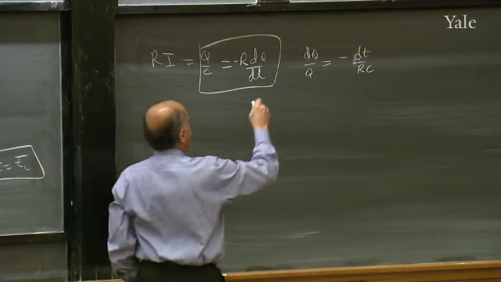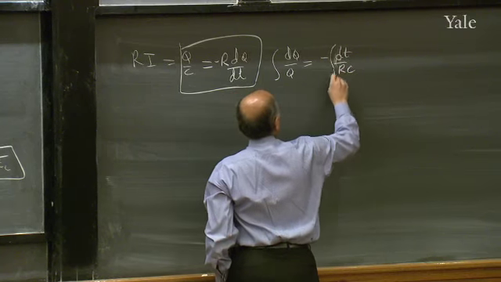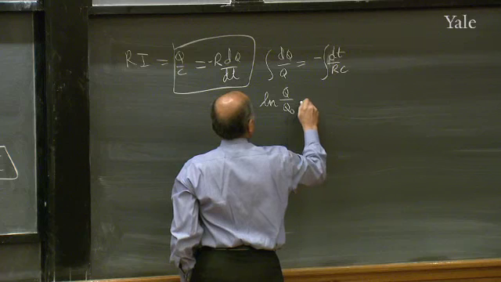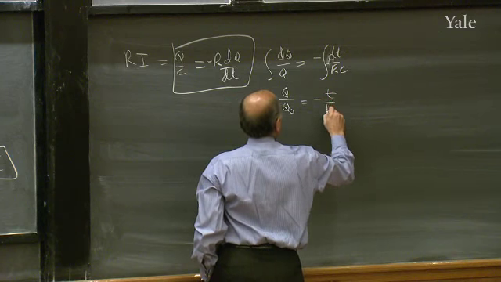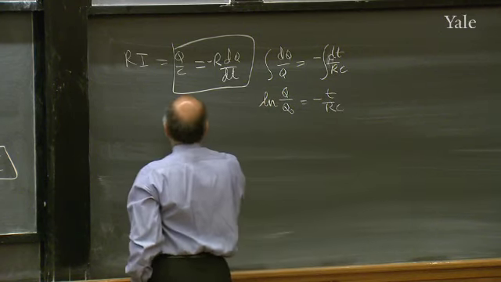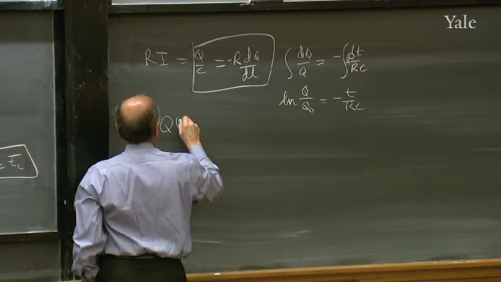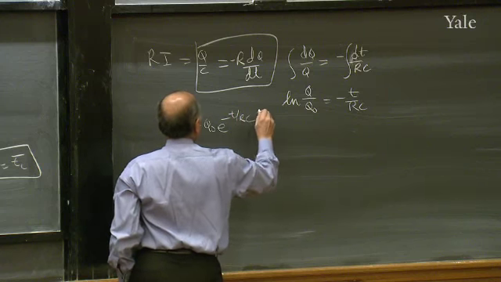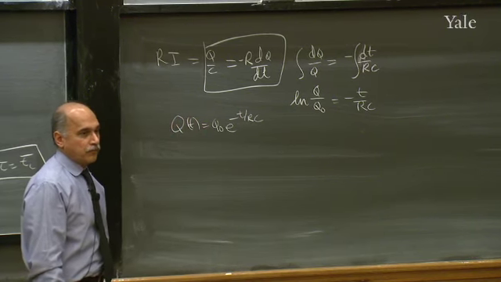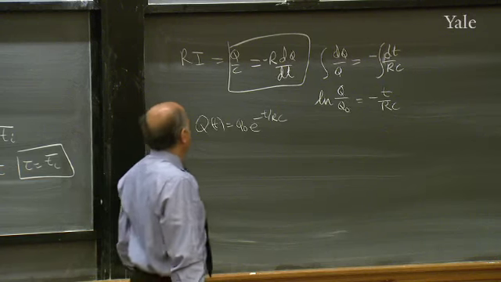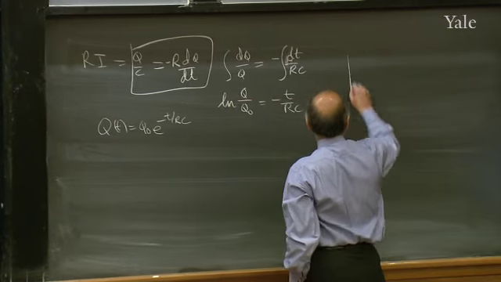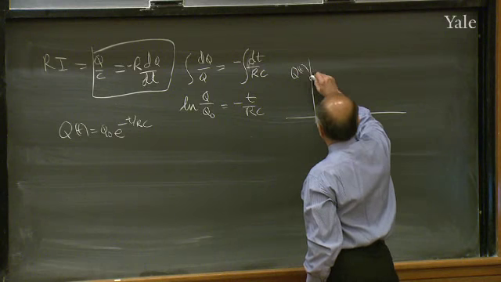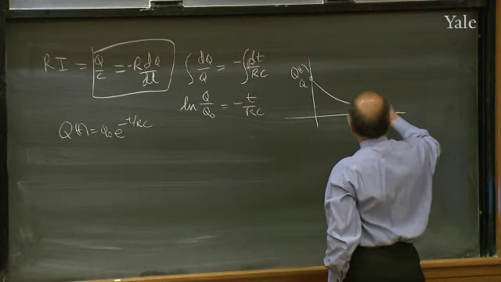Now, if you integrate that from starting to finish on both sides, this will give you log of Q over the initial Q will be minus the time divided by RC, or Q of time t will be Q0 e to the minus t over RC. That means after you close the switch, if you measure the charge on the capacitor as a function of time, it starts with some Q naught and it decays exponentially.